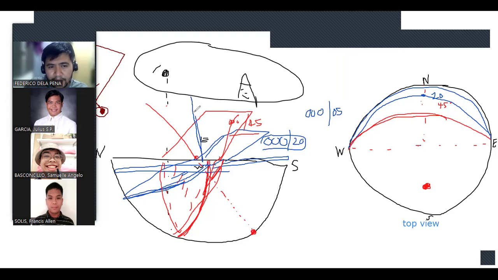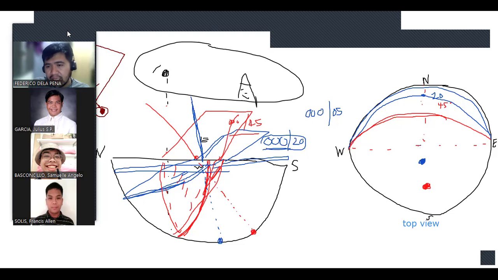It would be a bit more erect, a bit closer to the vertical, and it would pierce the stereographic net somewhere here. So the pole for this discontinuity should look like this.